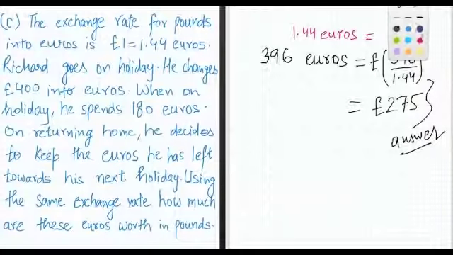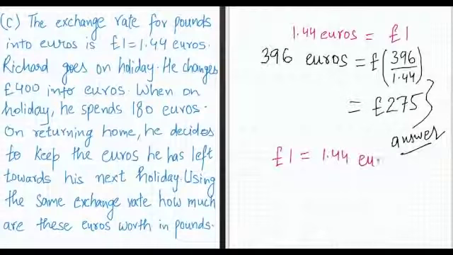The very important bit here is, in the example of this question, 1 pound is equal to 1.44 euros. Therefore you can see this is a conversion factor given, so both times either we have to multiply or divide, we have to do it with 1.44, because you can't multiply and divide by 1, because whenever you do it will come out the same answer. So this is a conversion factor, you should already know in the question.